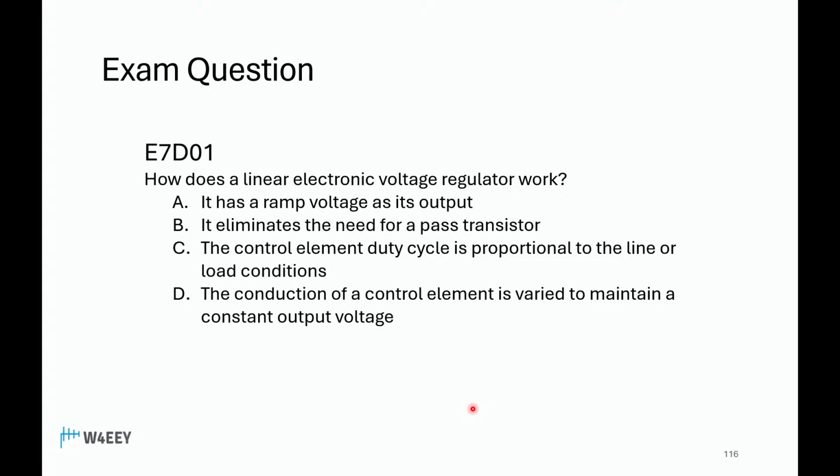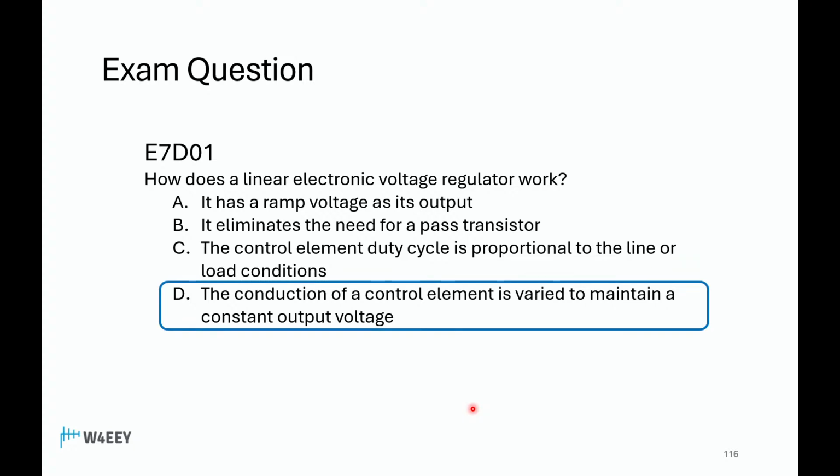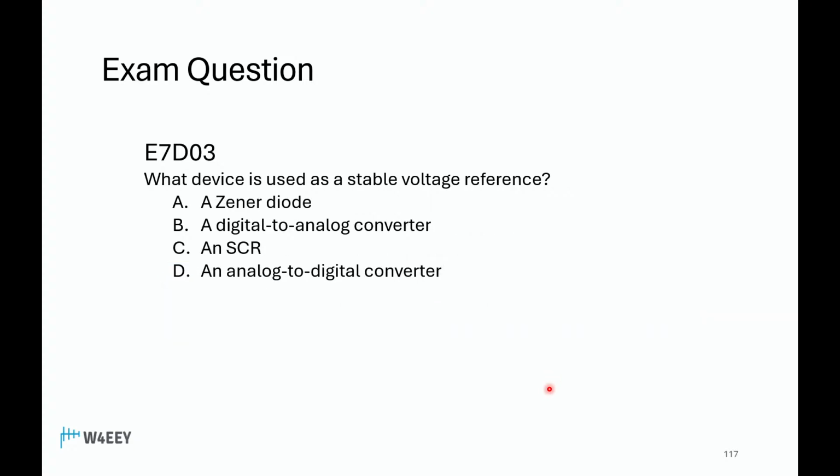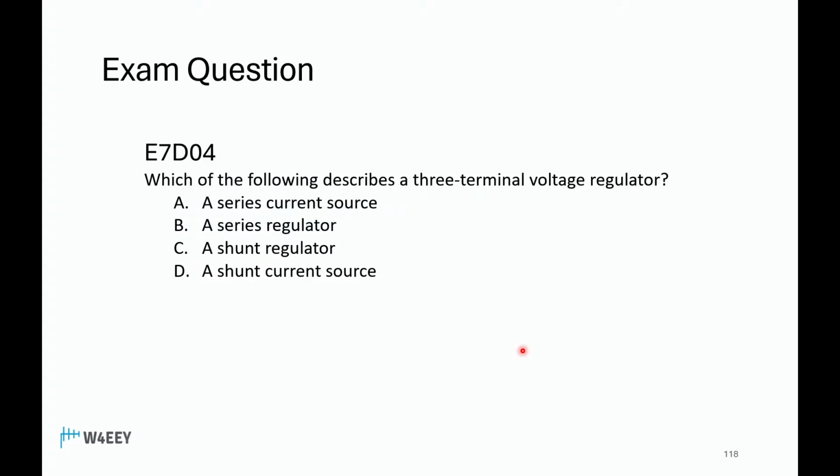Delta. It is delta. Conduction of a control element or a pass transistor, as we discussed, is varied to maintain a constant output voltage. What device is used as a stable voltage reference? Alpha, the Zener diode. Yep. Which of the following describes a three-terminal voltage regulator?